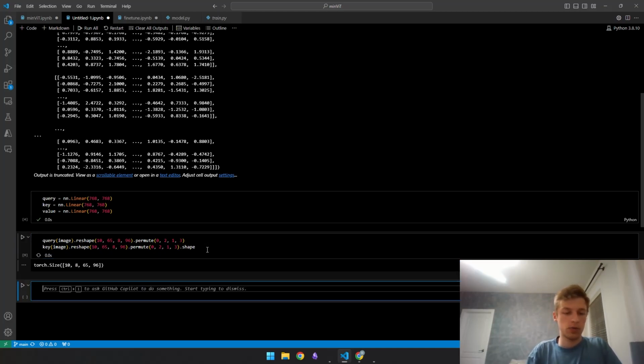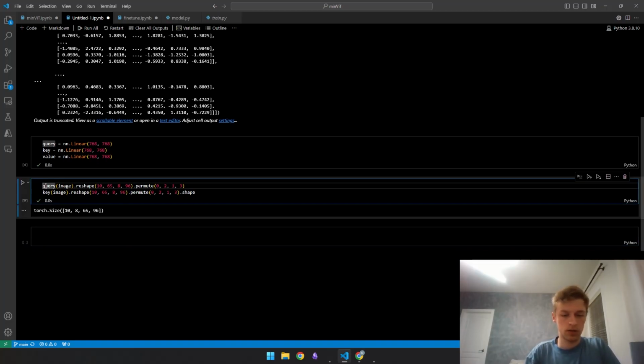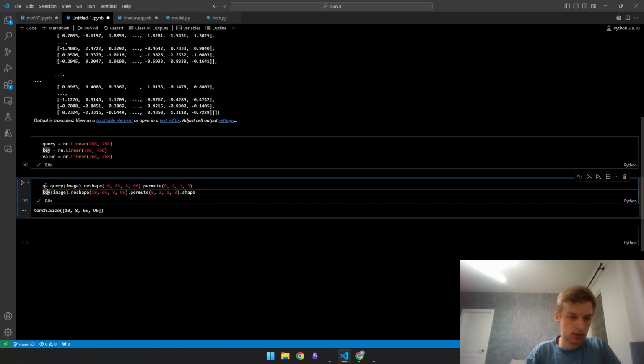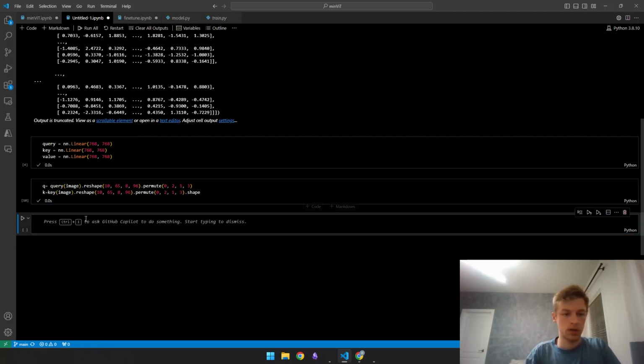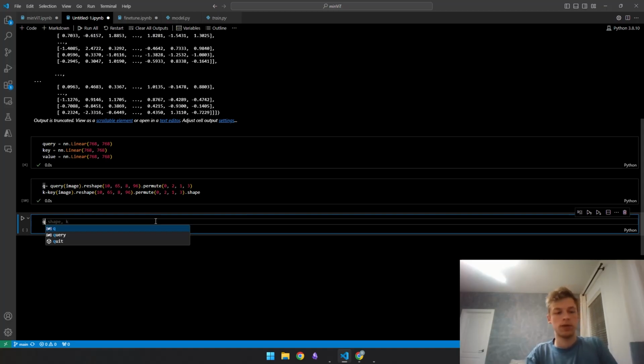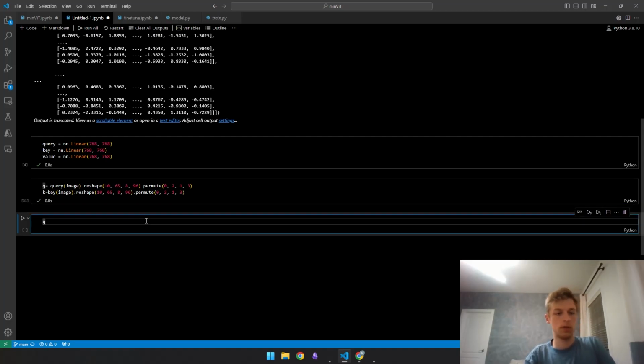And in PyTorch, matrix multiplication, Q equal to this and K equal to this. So in PyTorch, if we just do matrix multiplication, it can be the @ symbol.